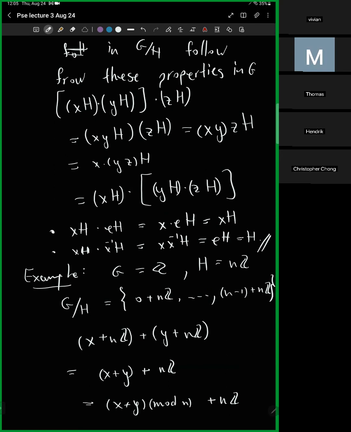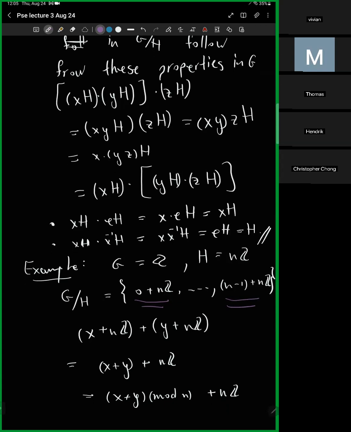So in fact, what is happening here is that instead of the numbers 0 up to n minus 1 with a modulo n operation, we have these funny cosets, but eventually the operation is the same.